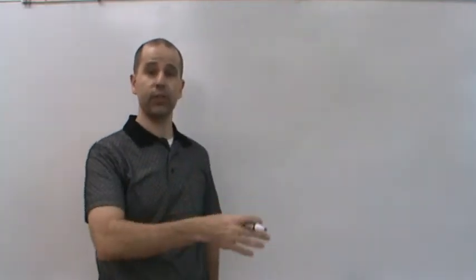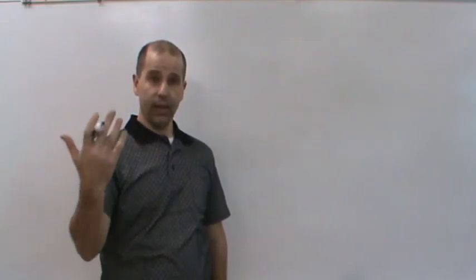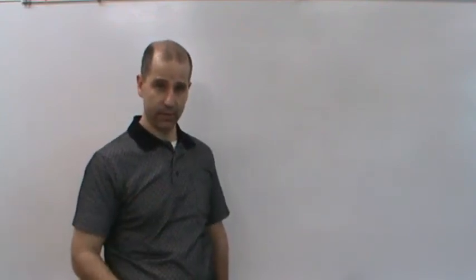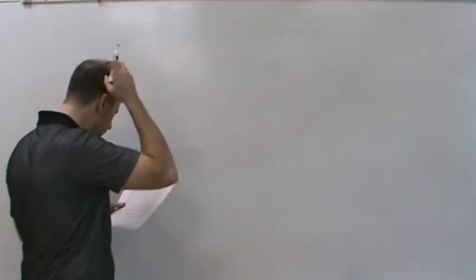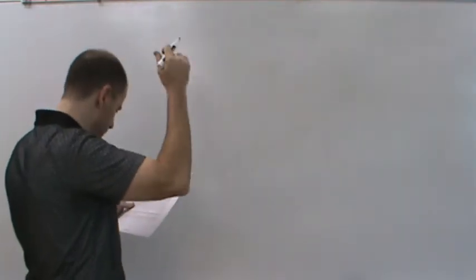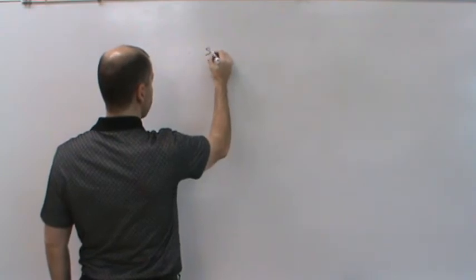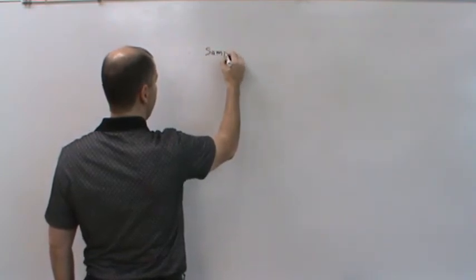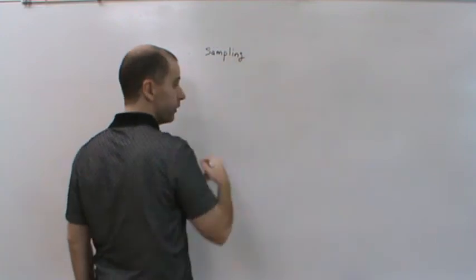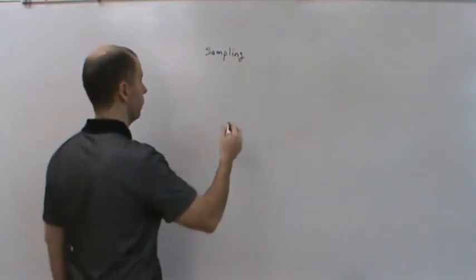What kind of distribution does p hat have if we were able to calculate p hat for all possible samples of the same size? Okay, so that's what we mean by sampling distribution.